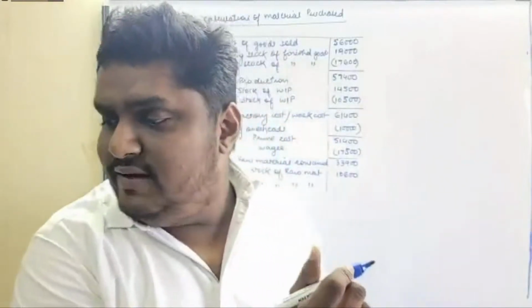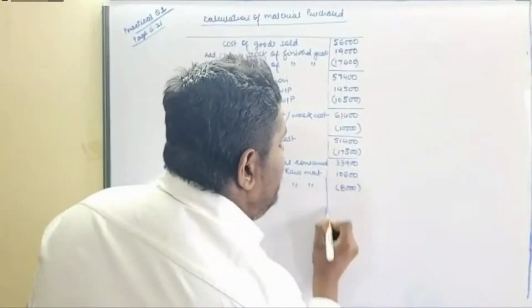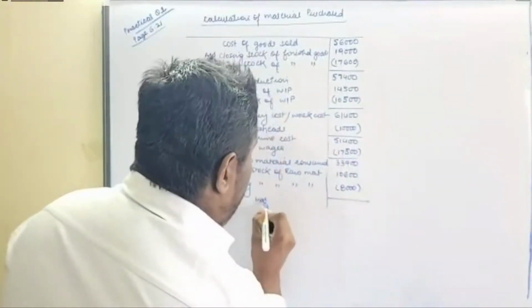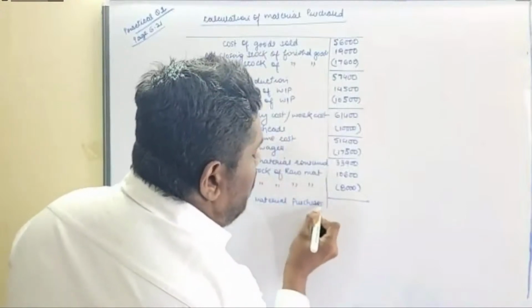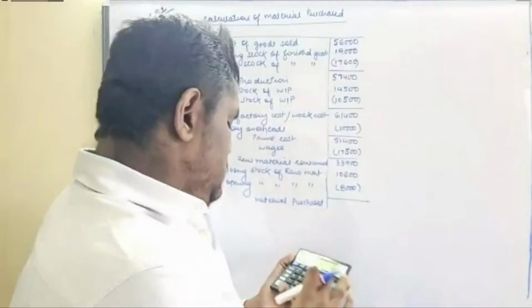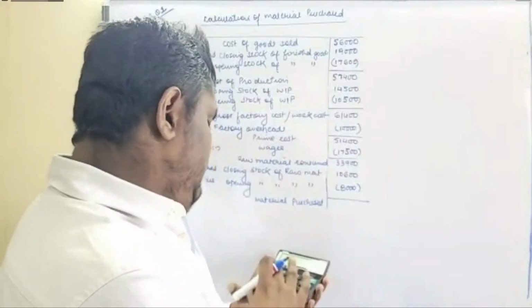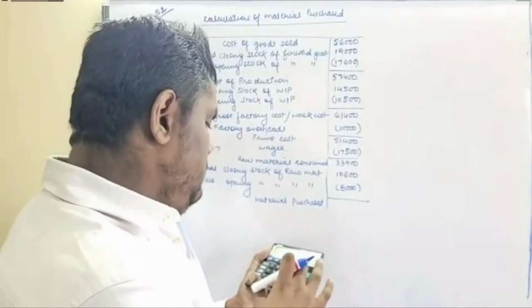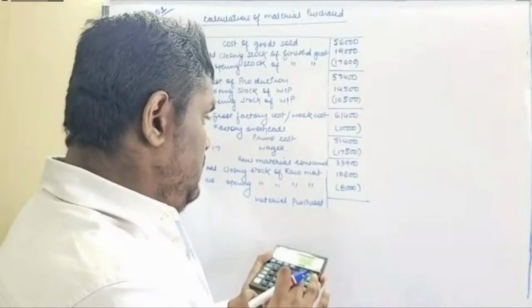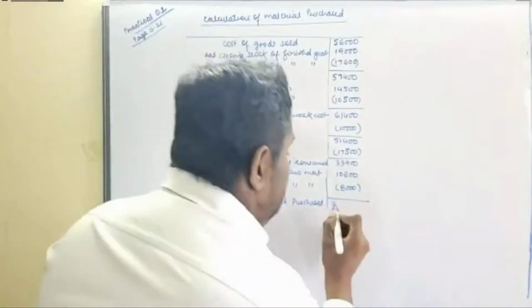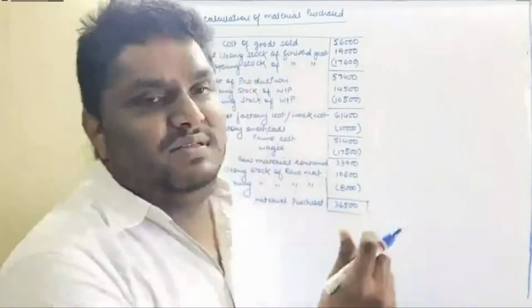And opening stock is given, that is 8,000. We'll get material purchased. So 33,900 plus 10,600 minus 8,000. 36,500 will be the value of material purchased.